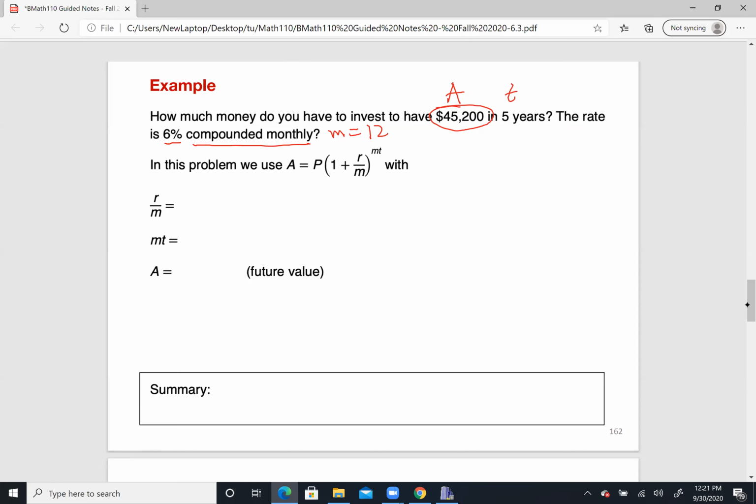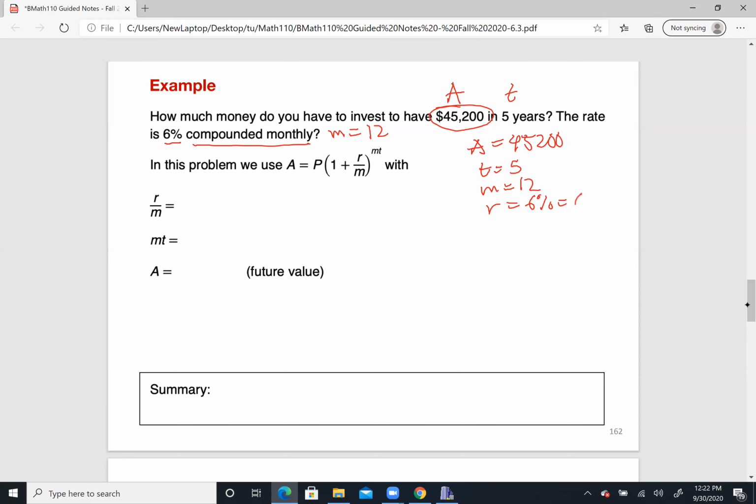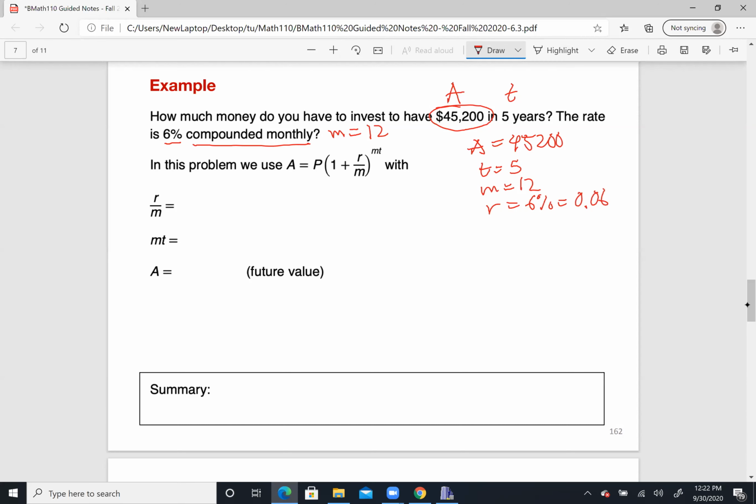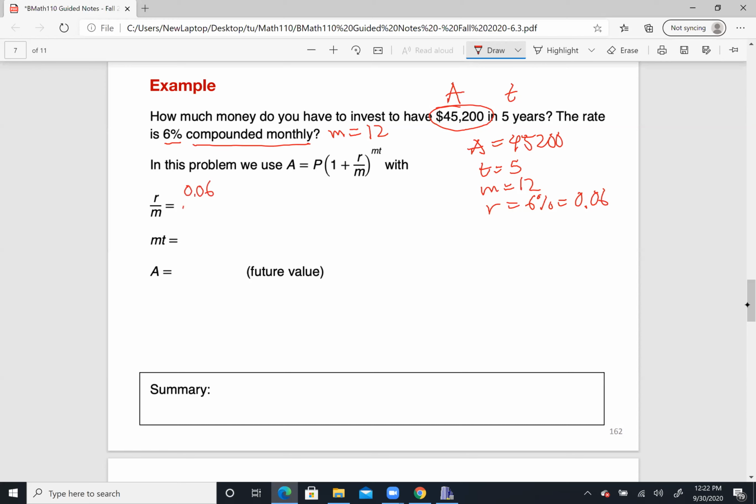So I'm going to write out: 45,200 for A, T equal to 5, M equal to 12, R equal to 6%, which means 0.06. Now, we need to find R over M first, so 0.06 over 12. What is that going to be?